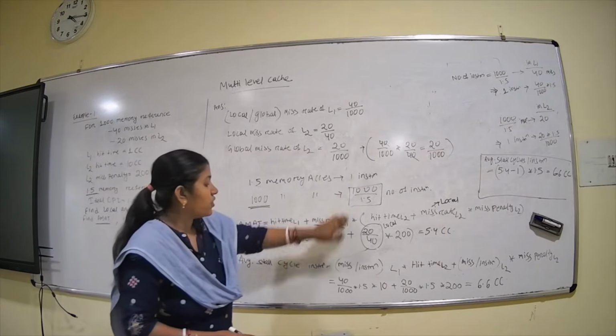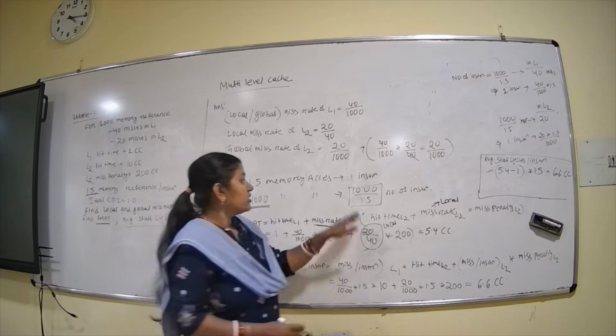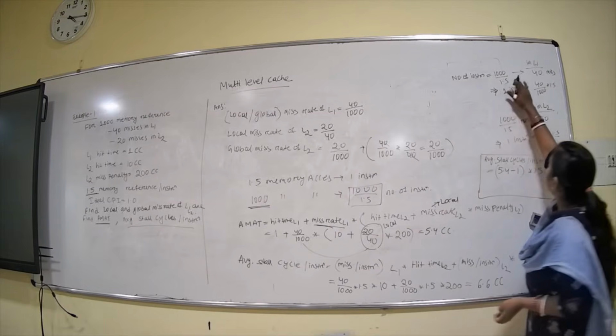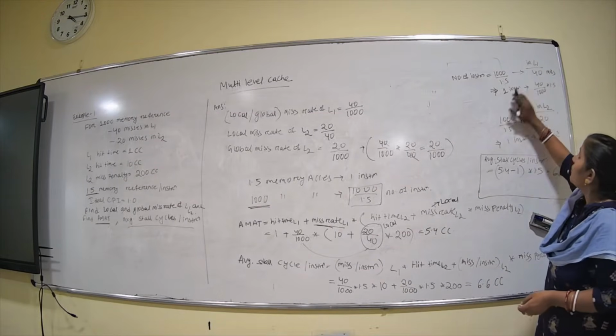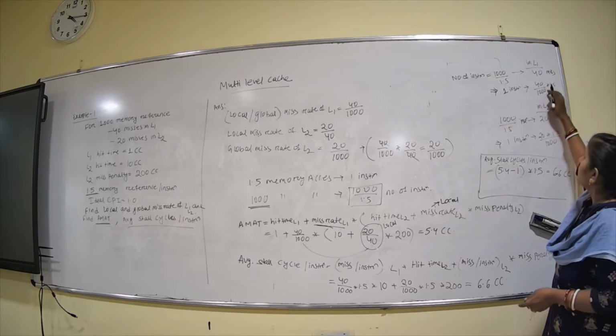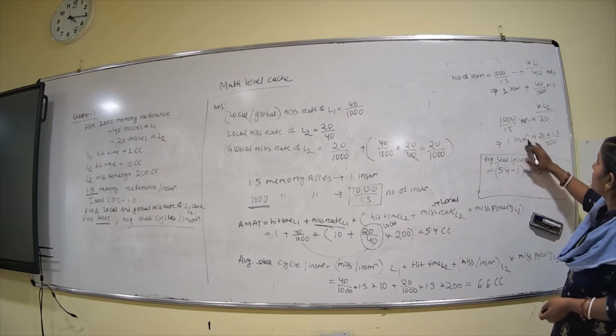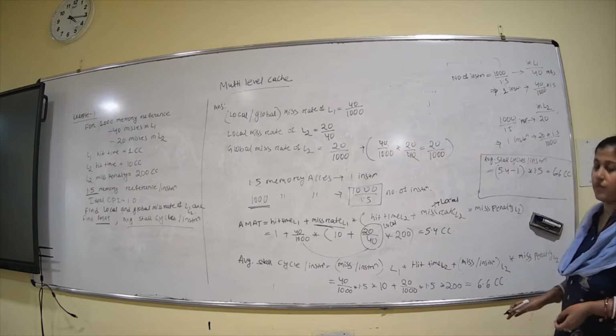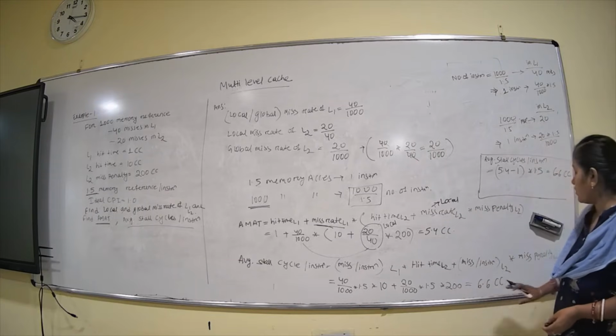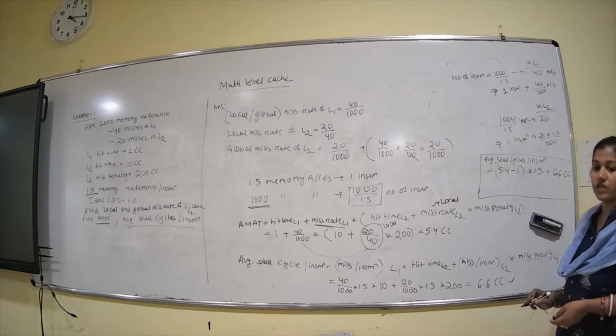For the misses per instruction in L1, for this many instructions we are getting 40 misses. So for one instruction, how many misses? 40 by 1000 into 1.5. Same for L2: for one instruction, you will get 20 by 1000 into 1.5. Just put these values and you get 6.6 clock cycles.